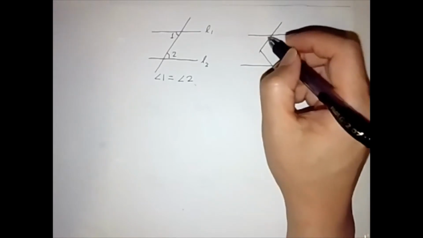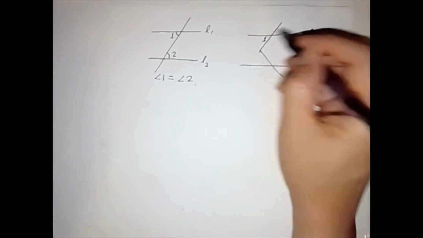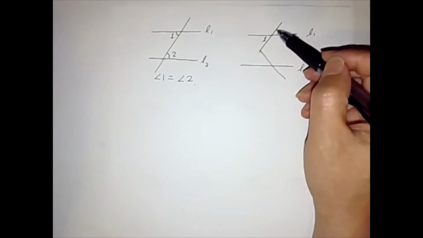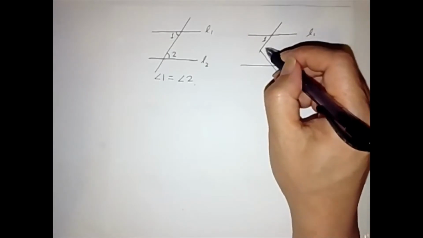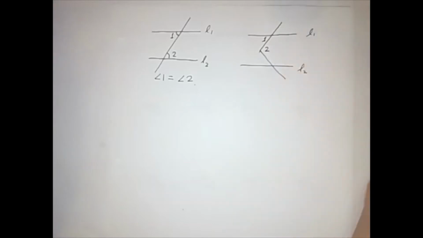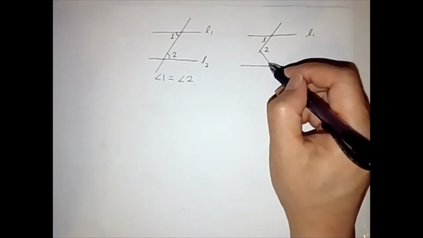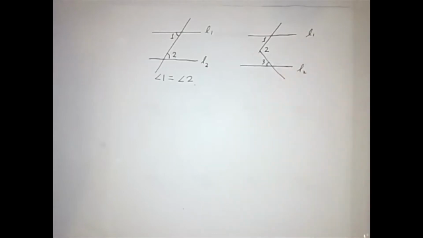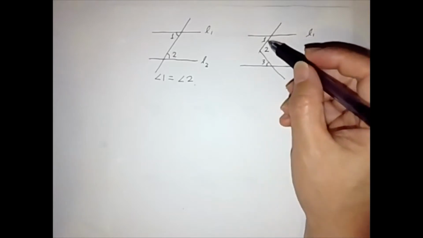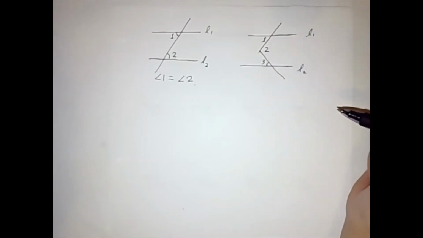So we choose the first one, angle 1, on the left side of the transversal, and angle 2 on the other side, angle 3, back to the left side. Then what are the relations among these three angles?